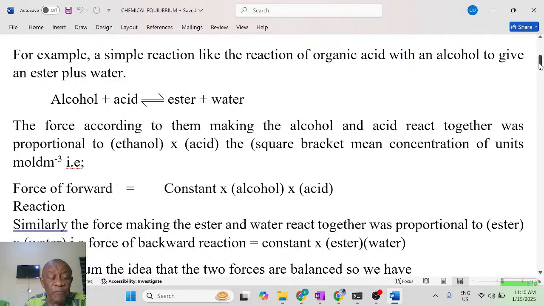If we are looking at the force for the forward reaction, it will be a constant times alcohol times acid. In the same way, the force for the backward reaction will be equal to a constant times ester times water.